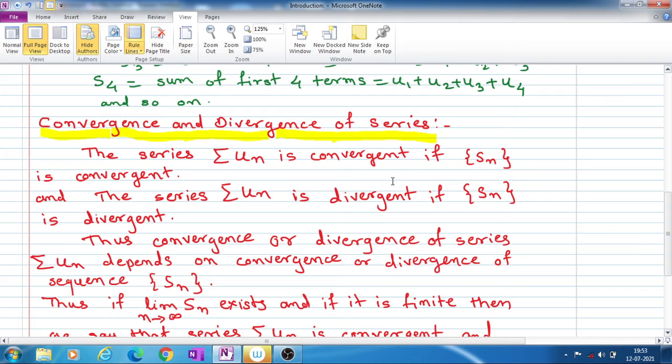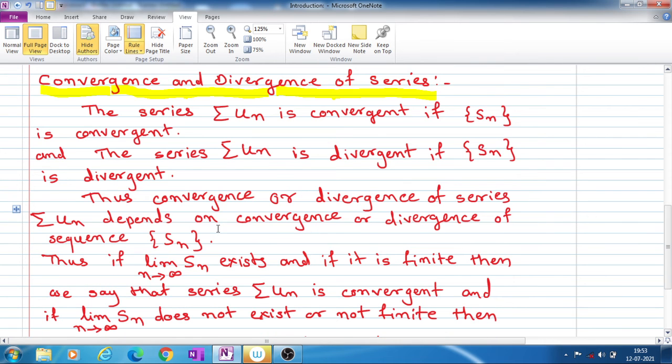It is nothing but the convergence and divergence of the sequence of partial sums Sn. So series un is convergent if sequence Sn is convergent, and series un is divergent if sequence Sn is divergent. Thus convergence or divergence of the series un depends on convergence or divergence of the sequence Sn, that is the sequence of partial sums.